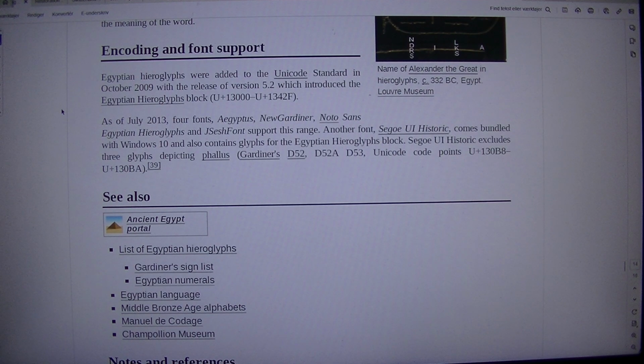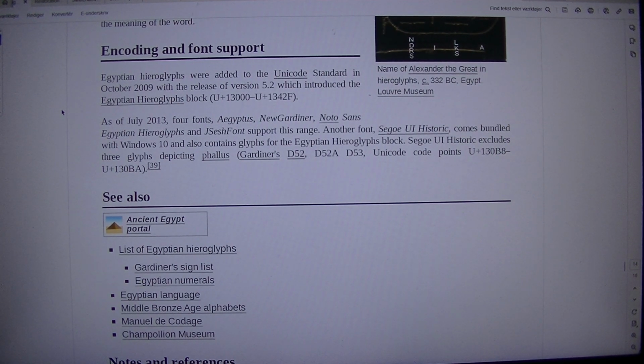Another font, Segoe UI Historic, comes bundled with Windows 10 and also contains glyphs for the Egyptian hieroglyphs block. Segoe UI Historic excludes three glyphs depicting phallus: Gardiner's D52, D52A, D53.